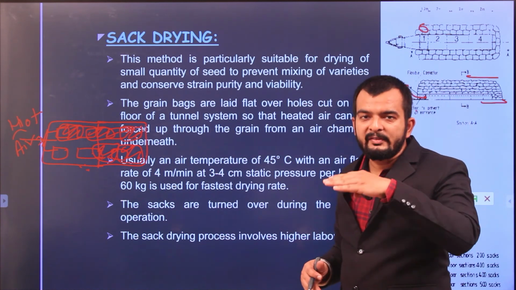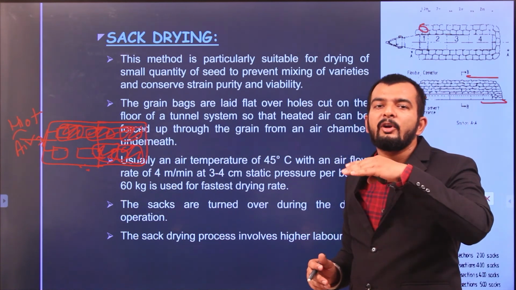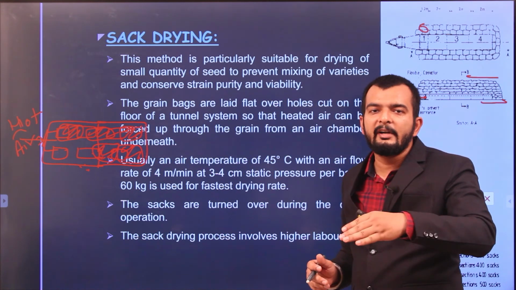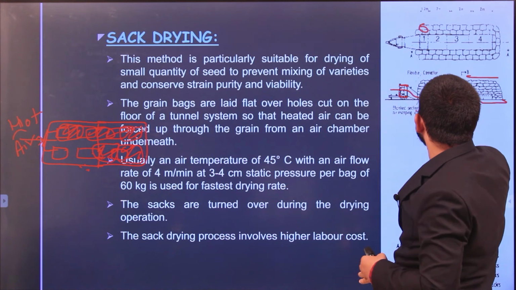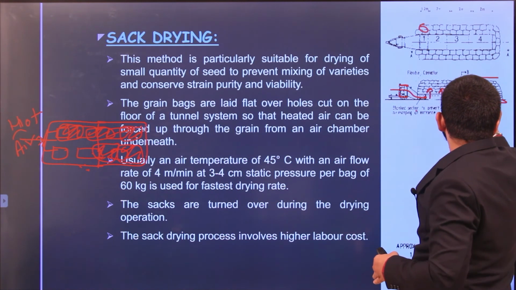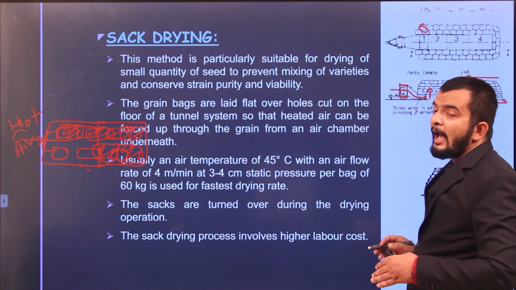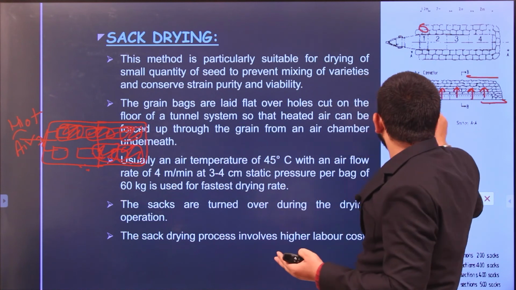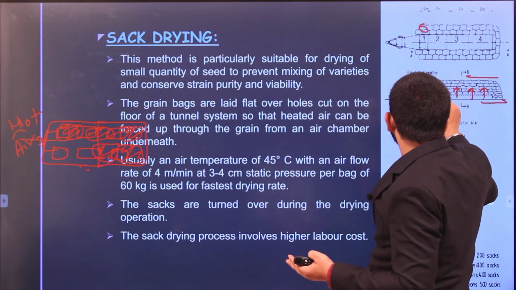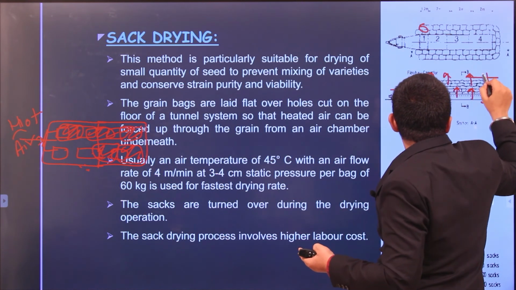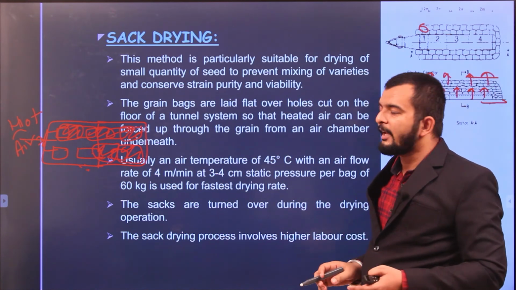As the hot air passes through the sacks, it will absorb the moisture of the seeds or grains filled in the sacks and remove it. As the air rises, it will absorb the moisture content of the grains. The hot air is generally exhausted into the atmosphere after drying.